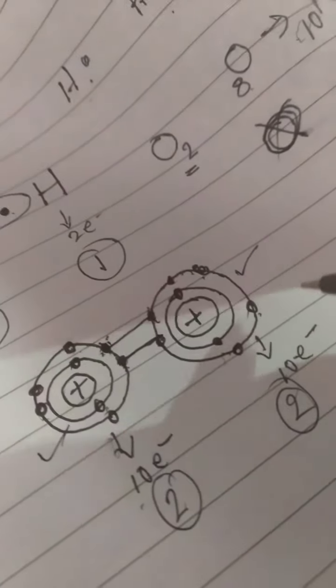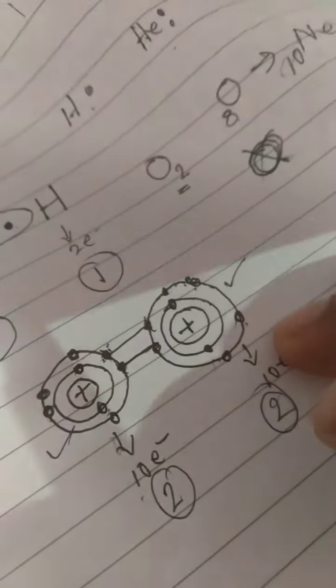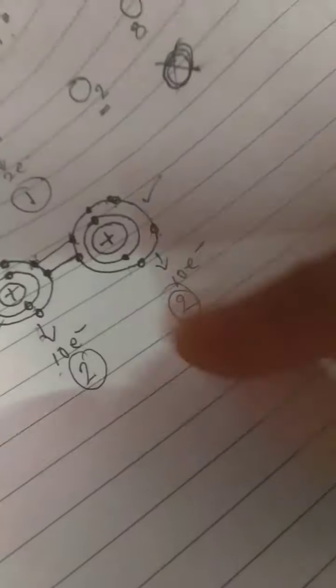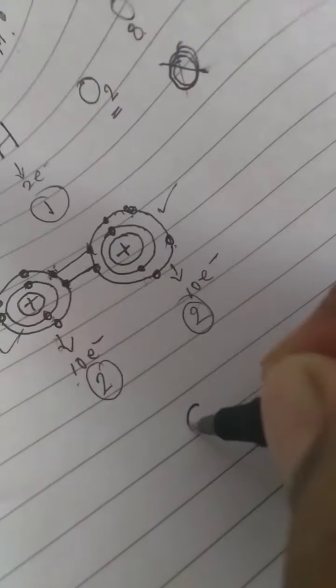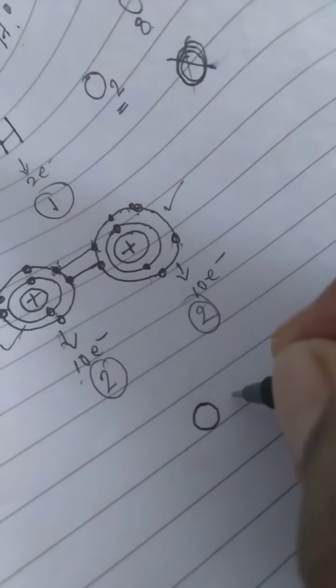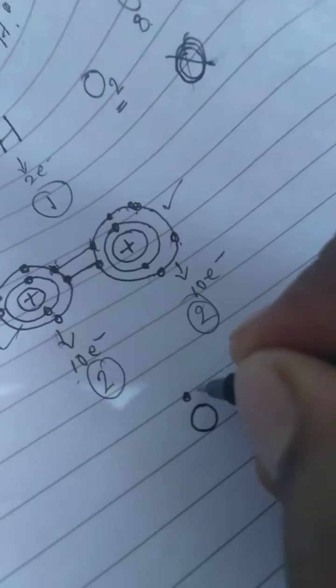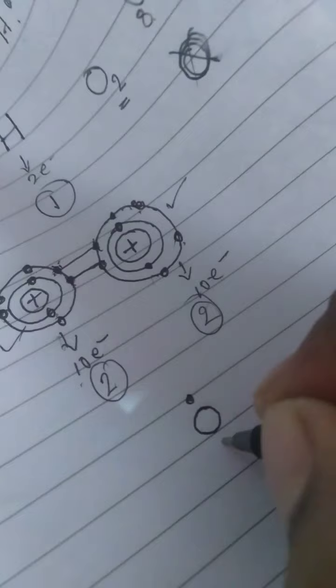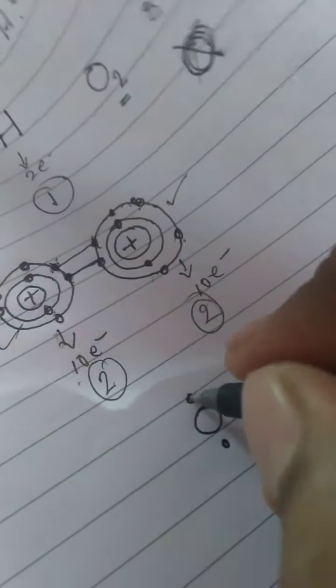Valency means the combining capacity, right? So the number of electrons an atom can share is represented by the valency of the element. Now similarly, if you write H2O, how many electrons does it have?